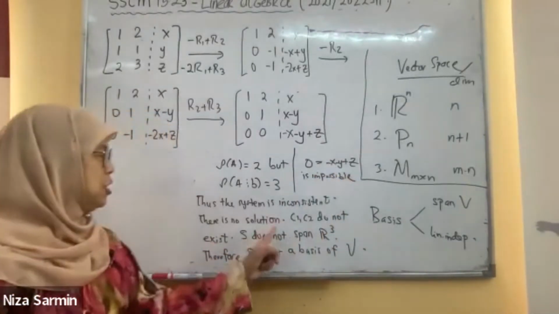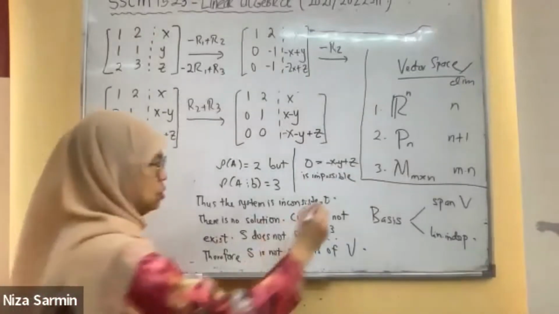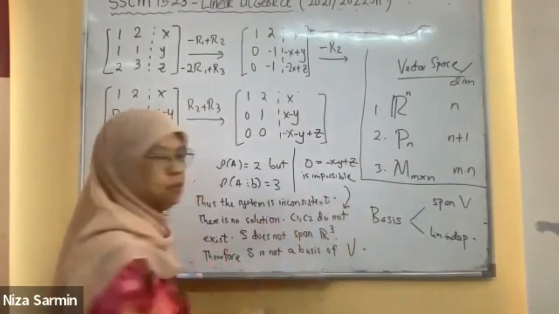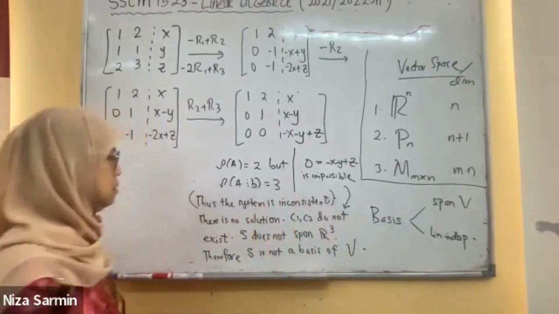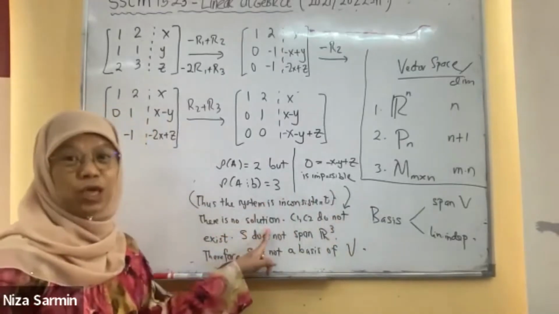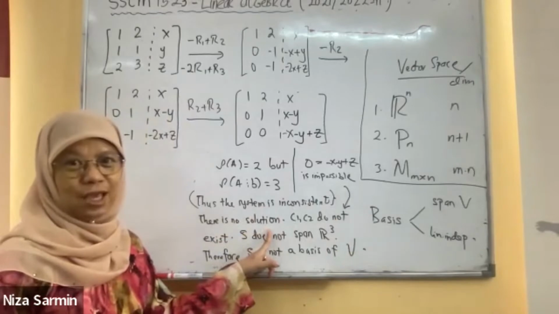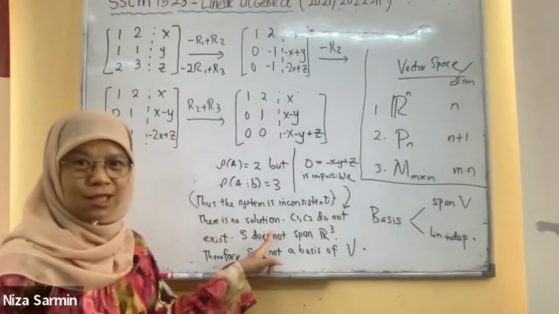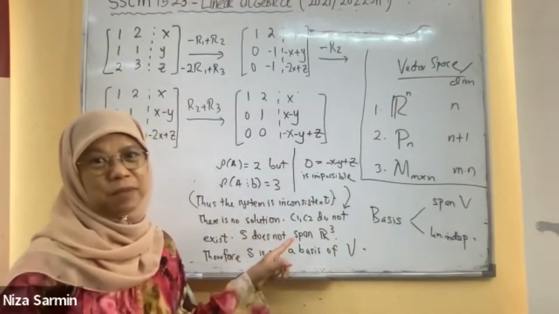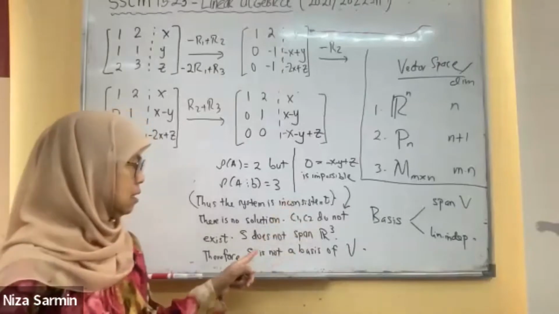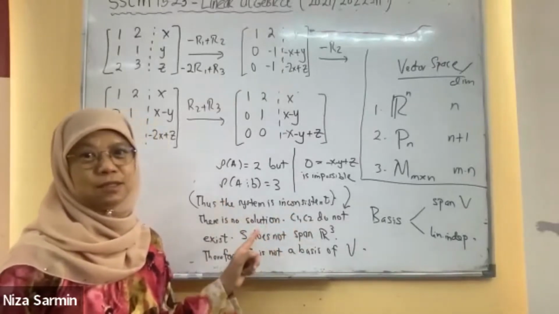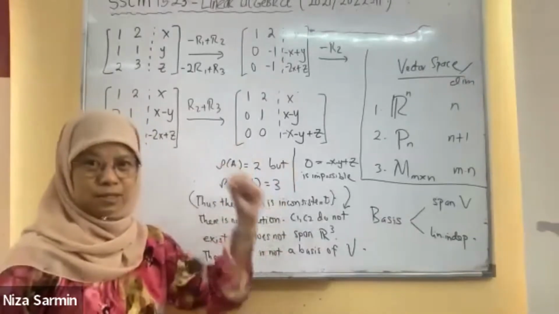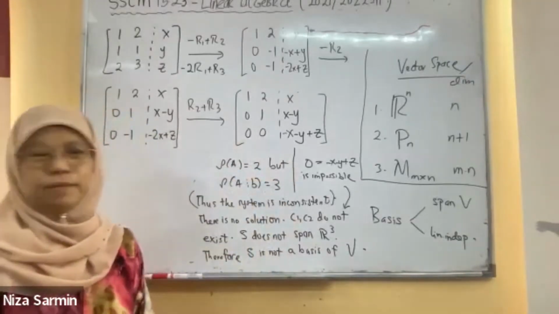And then you put equal to over here without saying this. It is okay, full mark. Okay, as long as you tell me that there is no solution. But then you have to relate why it is not a basis. Okay, so step by step. Okay.